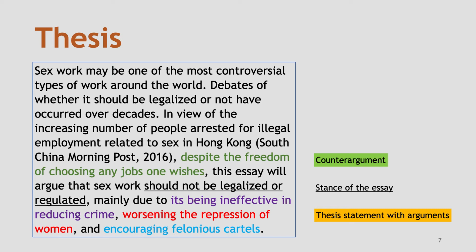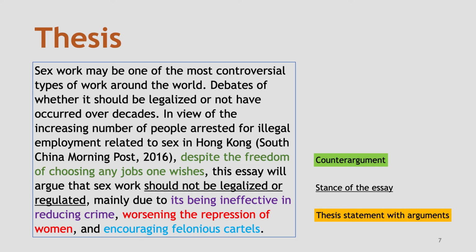Okay, and then towards the end of this paragraph, the writer very clearly shows his or her stance. That is, sex work should not be legalized or regulated. Here you will find that the writer did not say, "I argue that," or "I think that sex work should not be legalized," or "in my opinion."